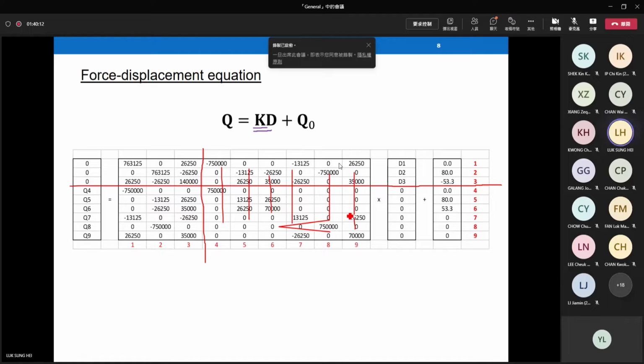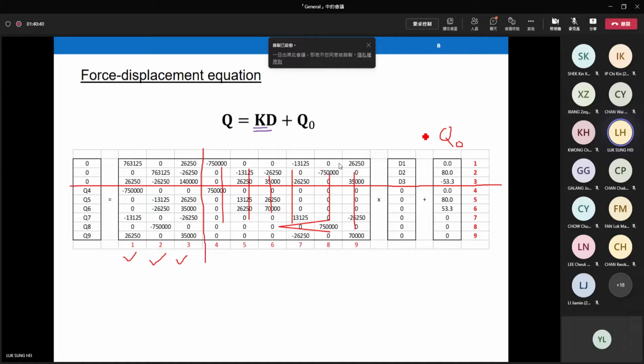When you do the matrix assembly, actually you can ignore their properties because they will not affect your calculations. But in the notes, I present everything to you so that you may practice yourself if you have time. Just pay great attention to column 1, column 2, column 3, these 3 columns. Plus the fixed end force vector Q0.